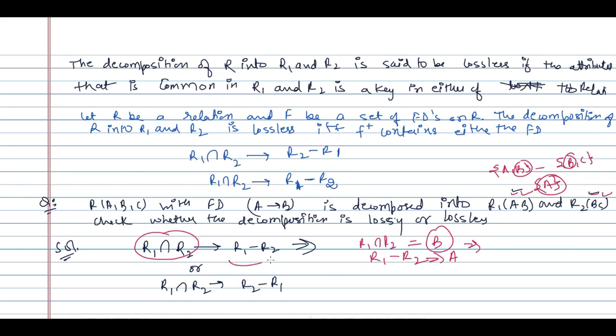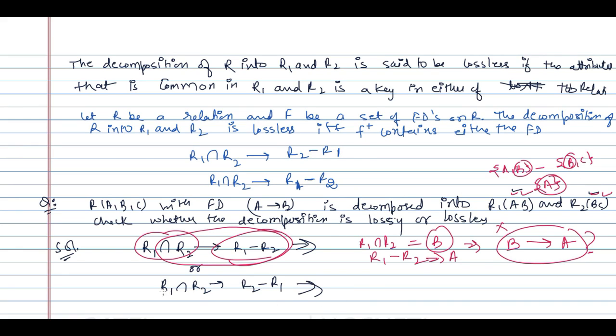So this first statement says R1 intersection R2 determines R1 minus R2. That means B determines A. Can we say B determines A? No, we cannot, because this functional dependency is not given.